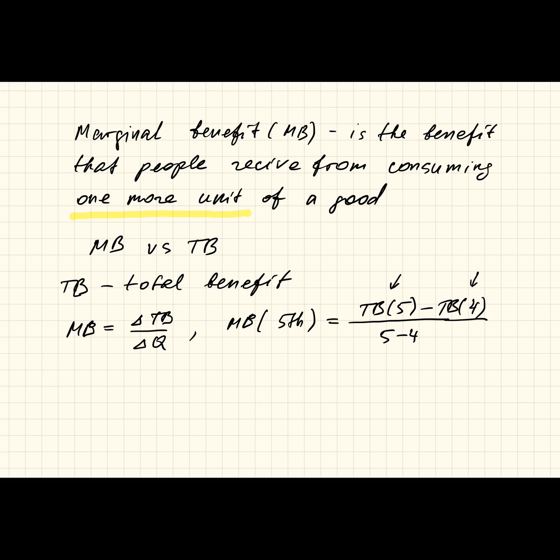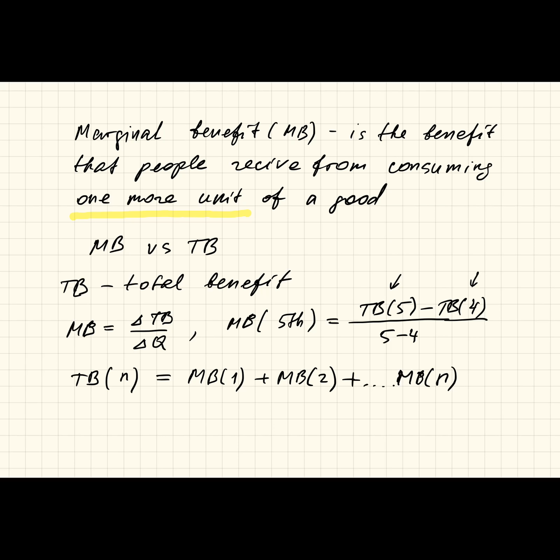You can also go the other way around and figure out total benefit of a certain amount of units you consume as the sum of all marginal benefits that you get when consuming 1 unit after another. So total benefit of n units will be the sum of marginal benefit you get from the first unit plus marginal benefit of the second unit, and so on and so forth up to unit n, so MB of unit n.